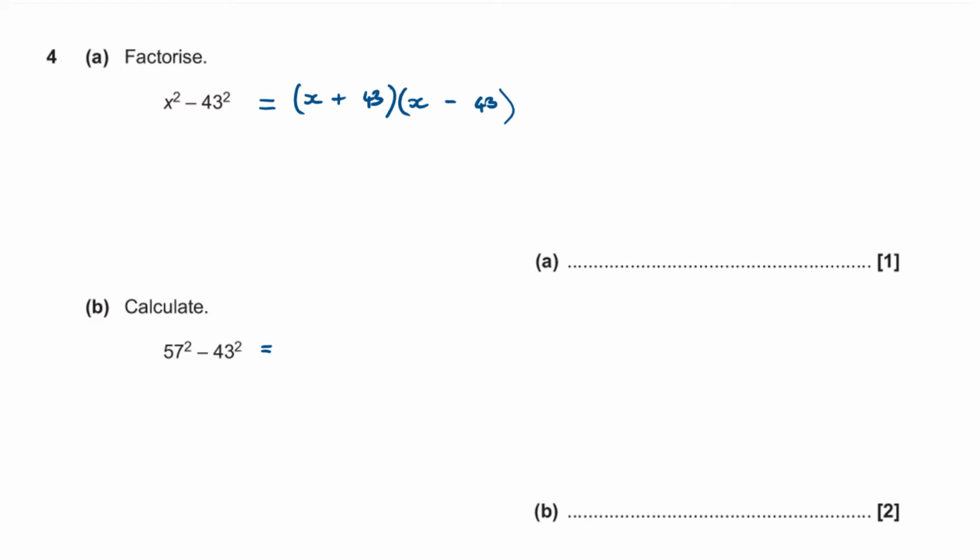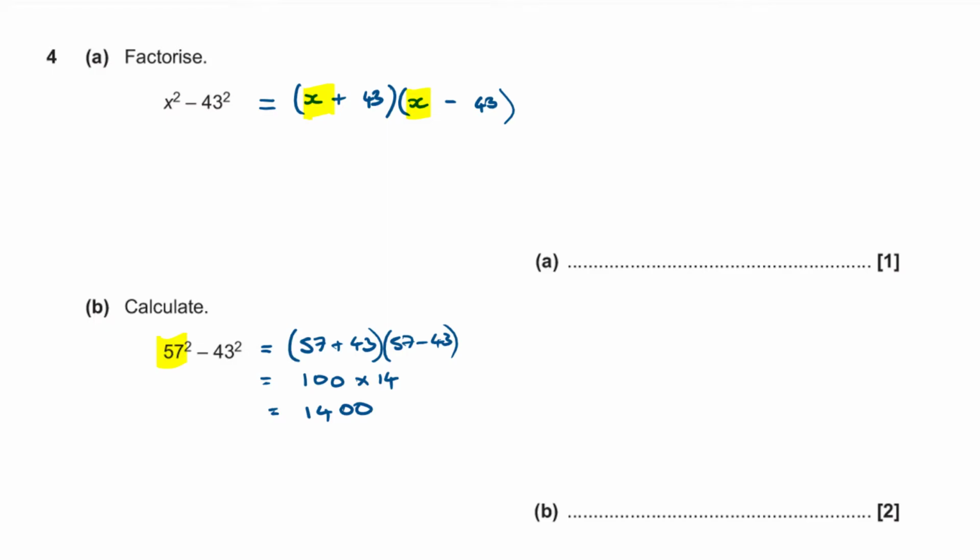Well, we've already got 43 in the bracket above, so if I replace my x here and here with 57, then you can see it's going to be 57 plus 43 multiplied by 57 subtract 43. And it just so happens that 57 plus 43 is a nice number. It's 100. And 57 take away 43 is not such a nice number, but isn't that bad. It's 14. So 100 times 14. 100 lots of 14.